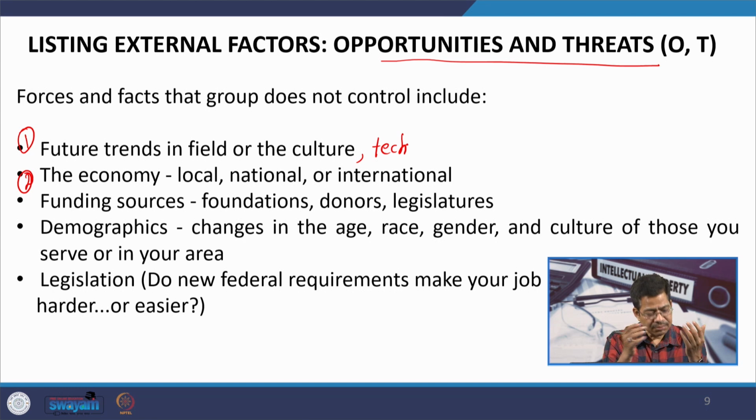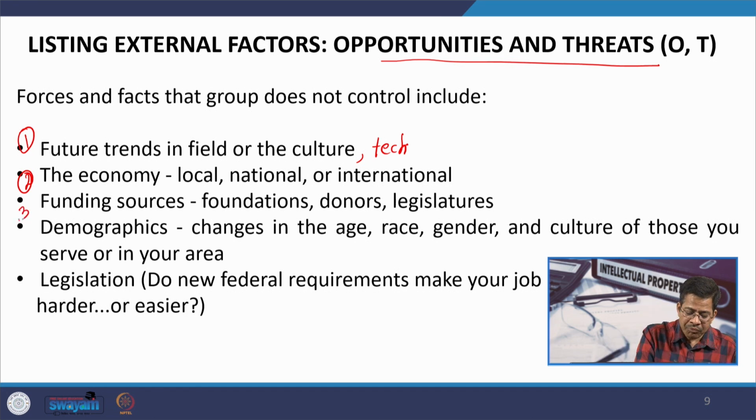For example, if I am in the field of oil and gas, and as we all know, there are a lot of conflicts happening in the Middle East and Western Asia and in Russia and Ukraine, etc. So, if I am in that industry, I will have more threats than opportunity.